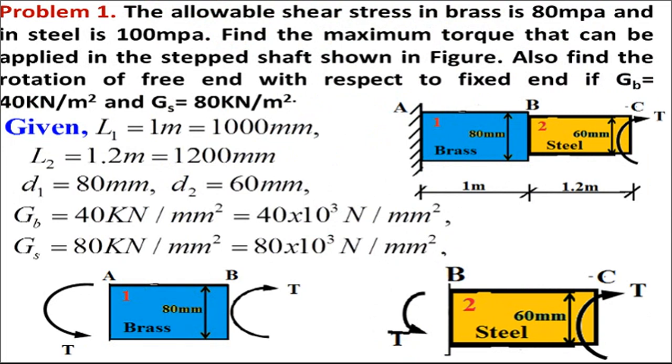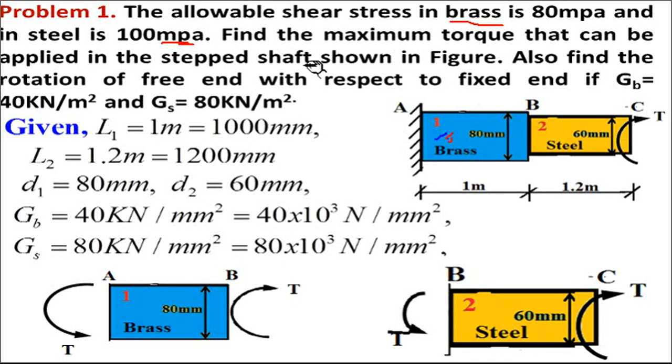Now see the first simple example. The allowable shear stress in the brass. So this material is shown as brass. Allowable shear stress in brass is 80 MPa and in steel 100 MPa.